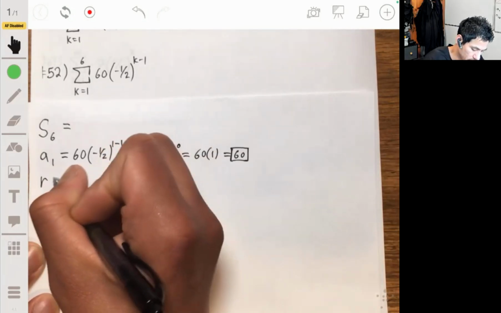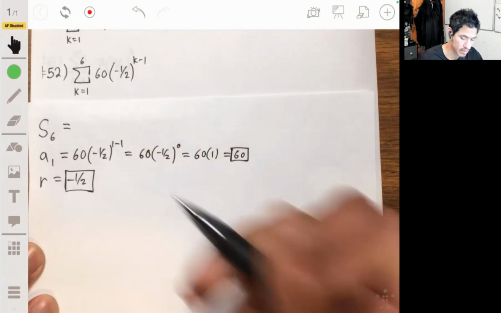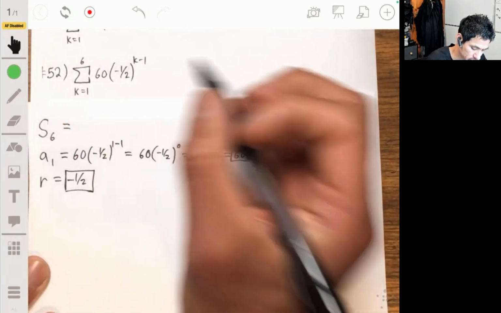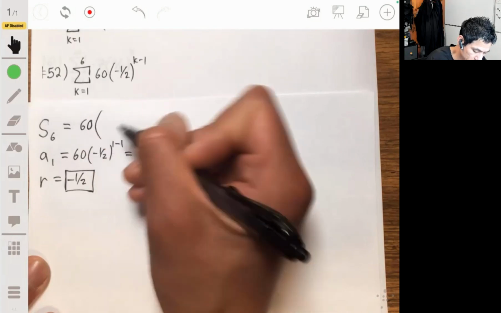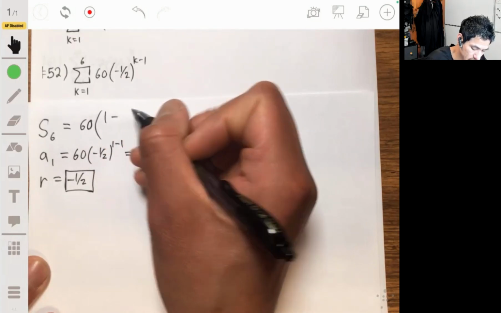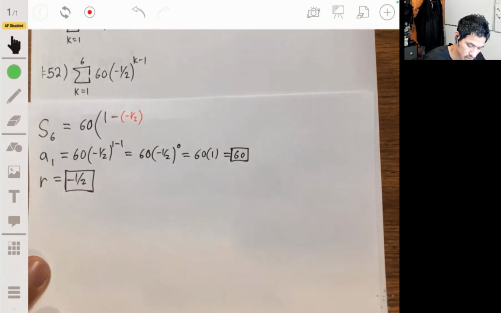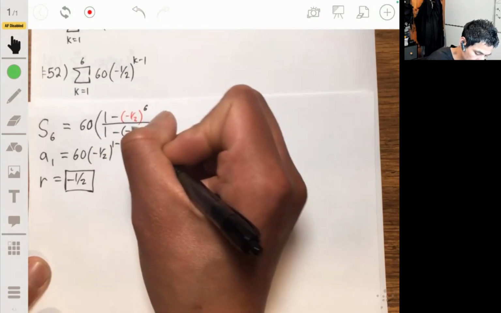And then R will be equal to that negative 1/2. And so S6 will be equal to A1, which is 60, times 1 minus a negative 1/2 to the 6 power over 1 minus a negative 1/2.